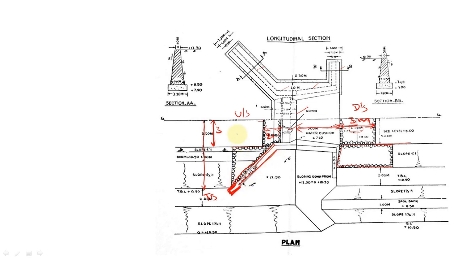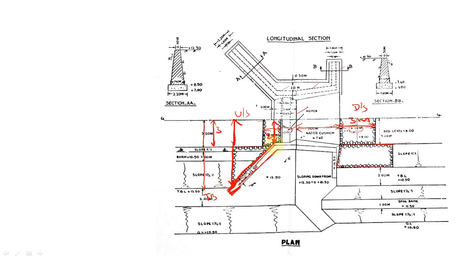The length depends upon this one. What is this width? Total width. And we know this width, that is half of the length of the drop wall. Then this length will be connected.